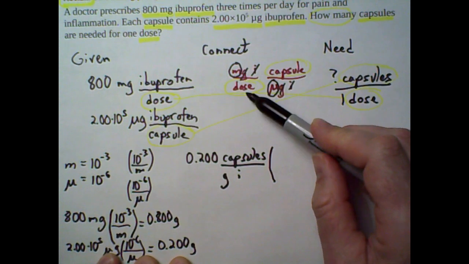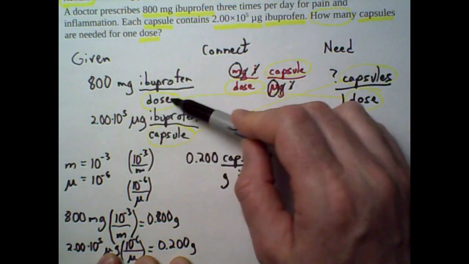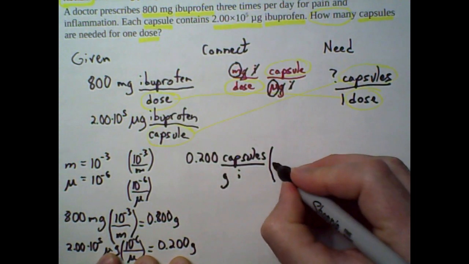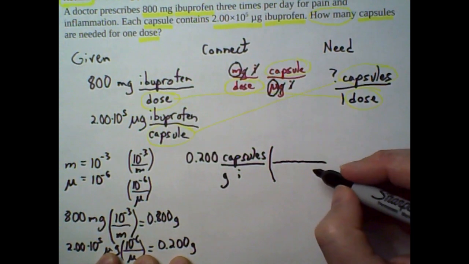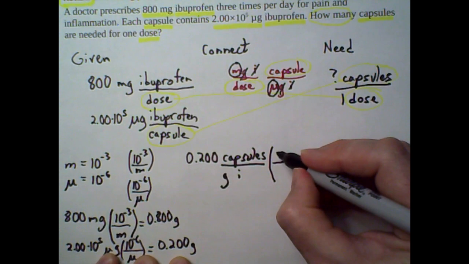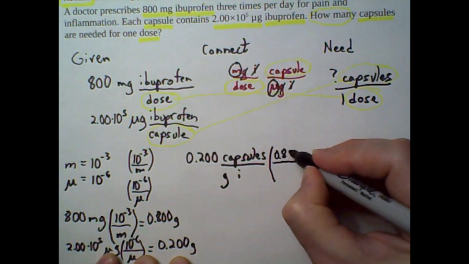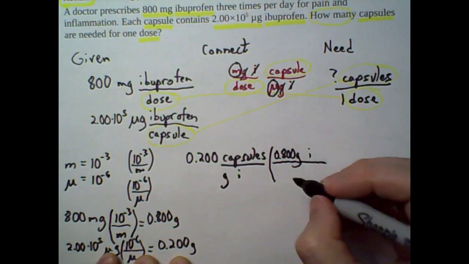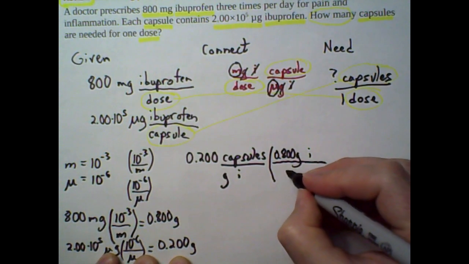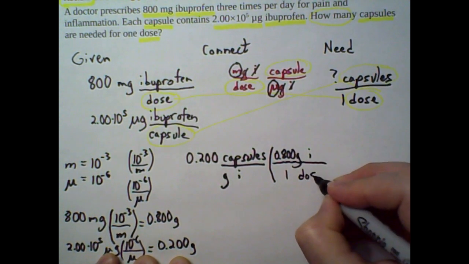I want dose on the bottom still, so I'm going to take this number and just copy it down. The 800 milligrams becomes 0.800 grams of ibuprofen per 1 dose.